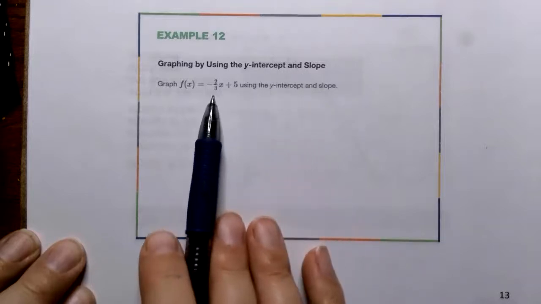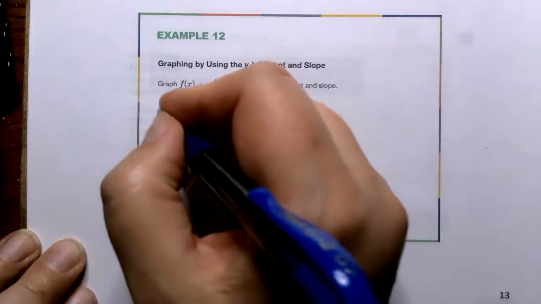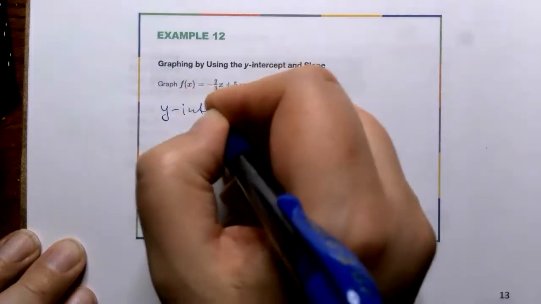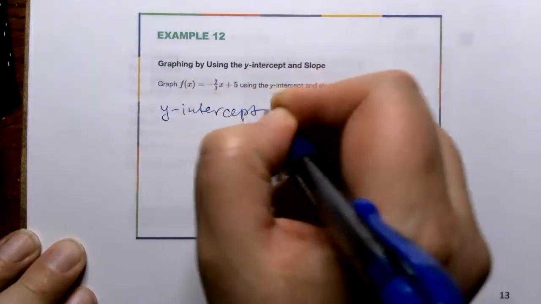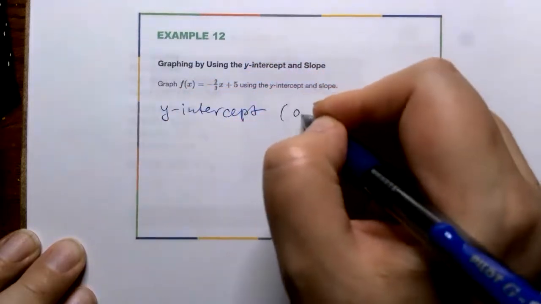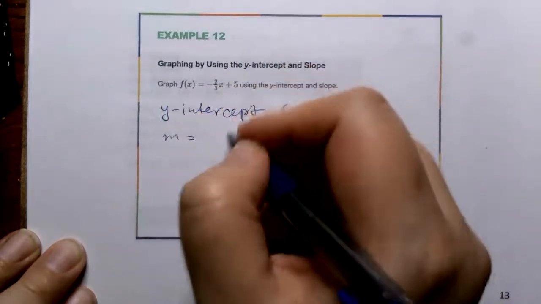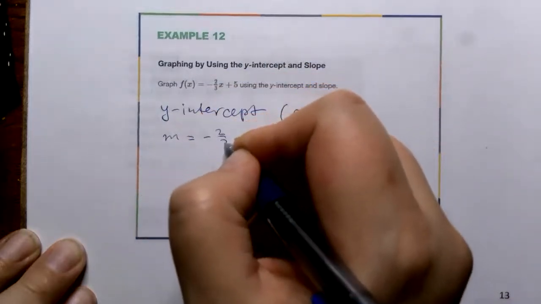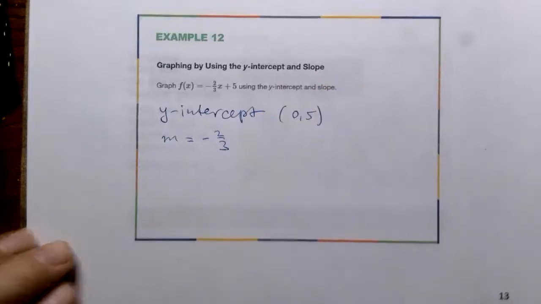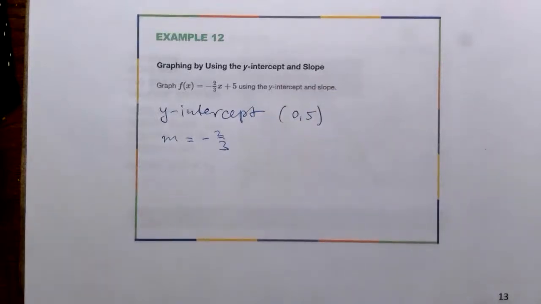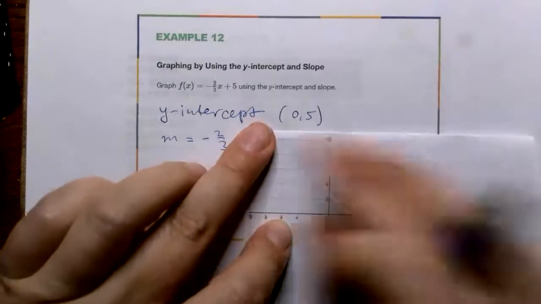So what do we know from this equation? Well, first of all, we know that the y-intercept is 5. So 0, 5. And then we also know that the slope of this function is -2/3. Okay, so let's see how we use this information to graph our function.